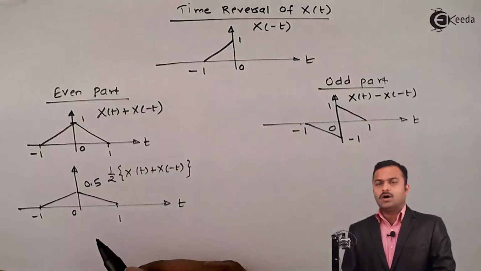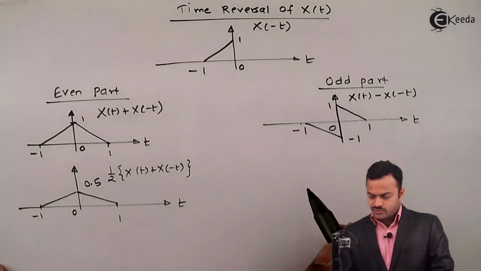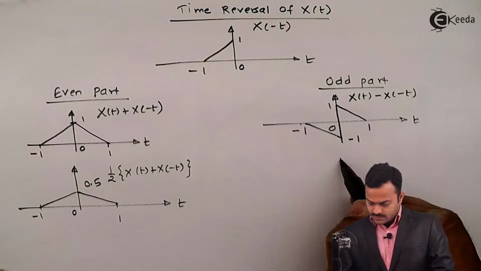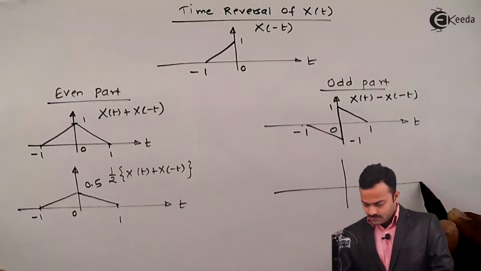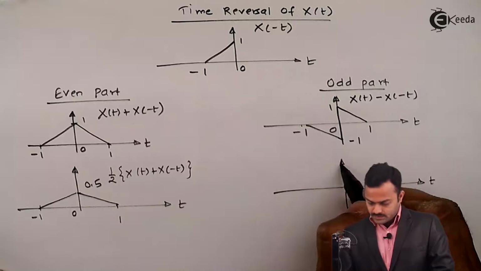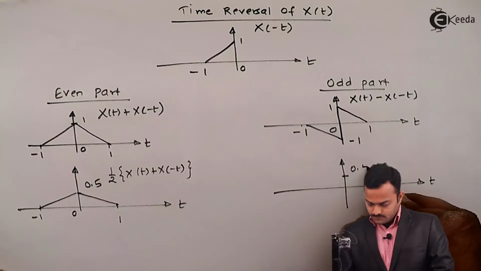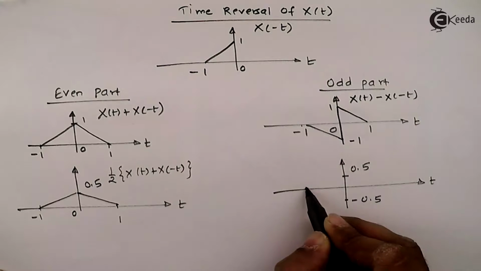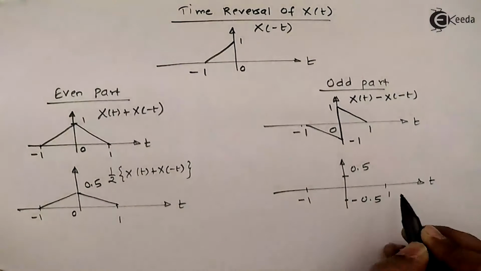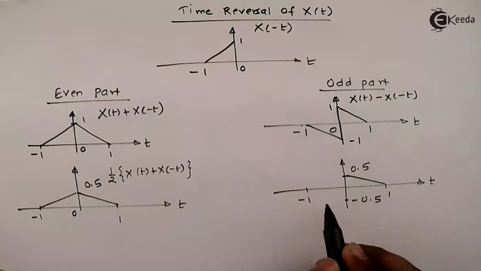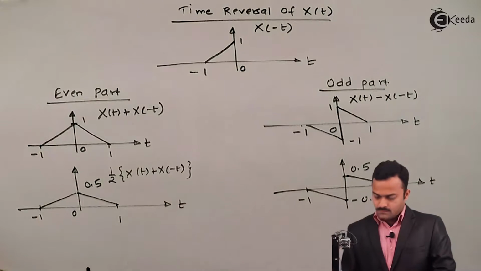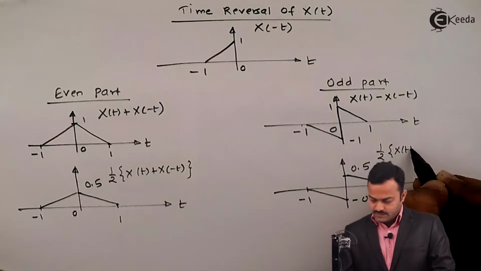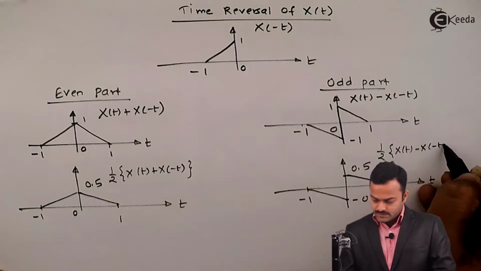To get the odd part, we need to divide x of t minus x of minus t by 2. So in the end, the signal that we obtain is of this nature, which is half of x of t minus x of minus t.